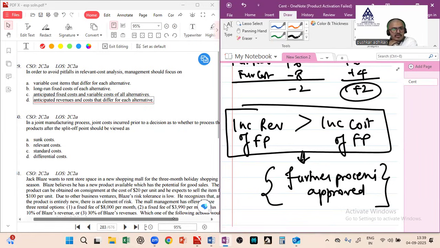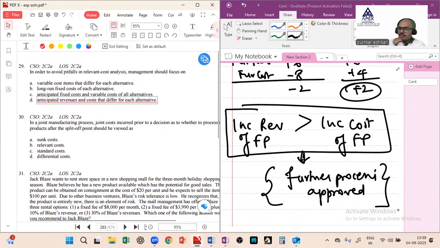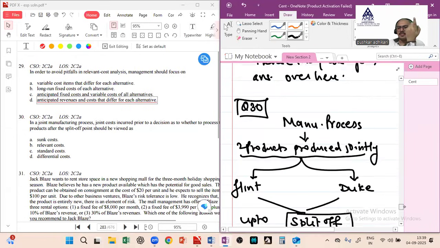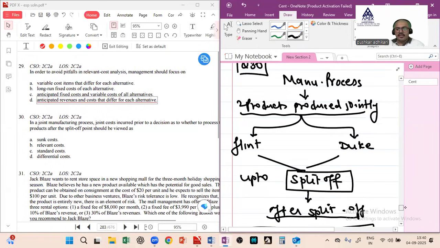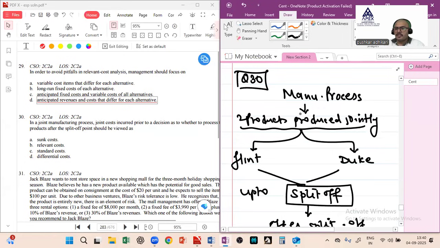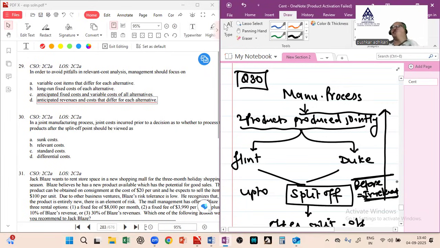So what are we looking at over here at question number 30? In this whole thing, our decision was based on incremental revenue and incremental cost of further processing. The joint fixed cost, where two products are produced jointly, is before split off. Everything before split off is absolutely irrelevant, because it is already incurred, it is already finished.